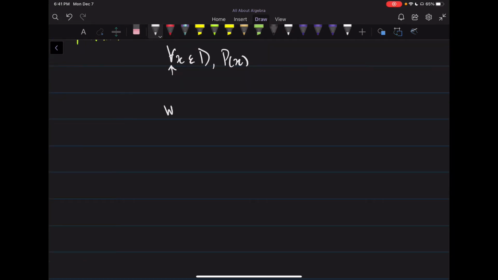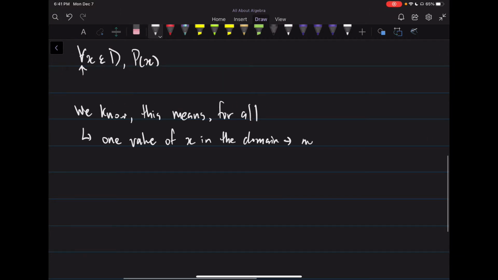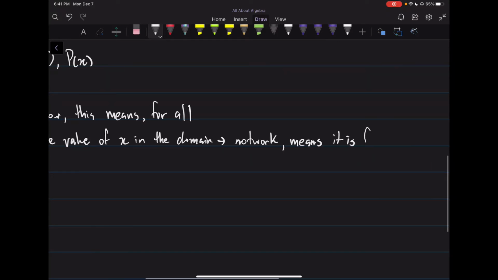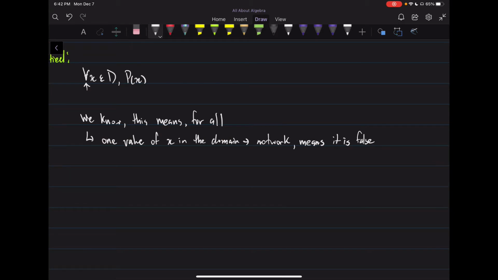Well, we know this means for all, which means one value of x in the domain that does not work means it is false, right? That's how you would disprove it.